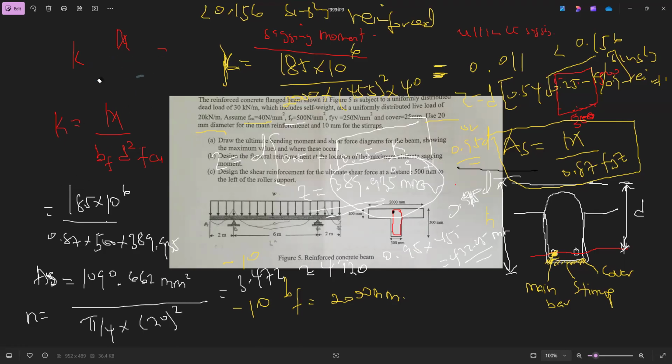Okay, so if you are asked to draw the cross section, we just put a nice sketch. So 4T20.